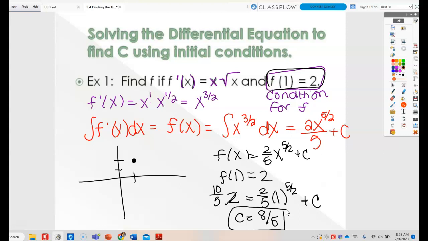So what that means is that this function not only goes through 1, 2, but it also now has a y-intercept of 0, 8/5, that's my c. So it tells me that the graph of 2/5 x to the 5/2 is shifted up 8/5. So it's going to live or go through some point near here to give me that curve. Make sense?